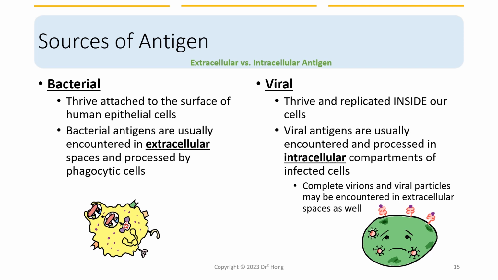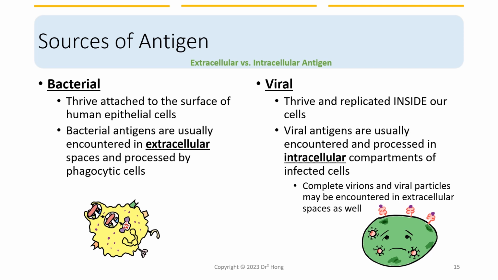They want to thrive and replicate inside our cells, and their antigens are usually encountered and processed intracellularly within the infected cells. However, there are cases where complete viruses or viral particles may also be encountered in the extracellular space and processed by phagocytic cells. This can happen, but most of the time they are within our infected cells. So these are the different sources of antigens.